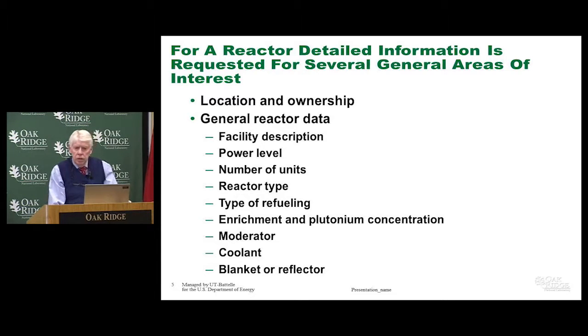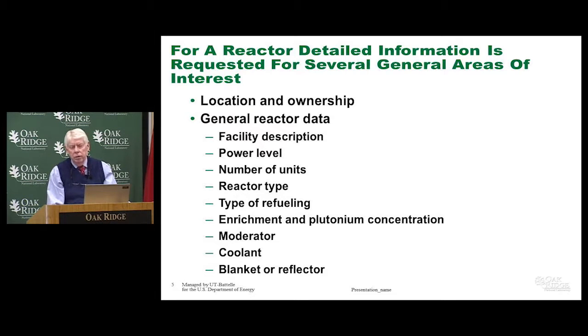The general reactor description information is provided first. That would be a facility description, the layout of the facility, other buildings associated with the facility other than the reactor, such as associated hot cells, spent fuel locations, office buildings, and research facilities that might be related around a research reactor.